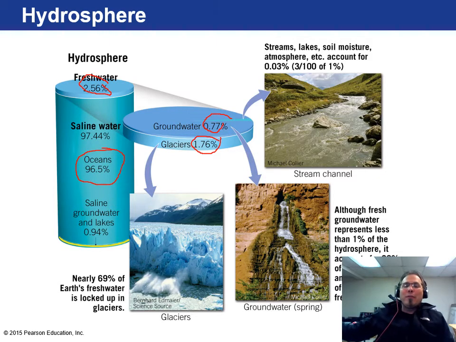So even though we live right next to the Great Lakes region here, and Lake Michigan is huge, it's not even the biggest one, but it's a big lake, right? So combining all of the surface water in streams, lakes, and soil moisture accounts for only 3/100ths of a percent of Earth's water that's readily available to us on the surface.